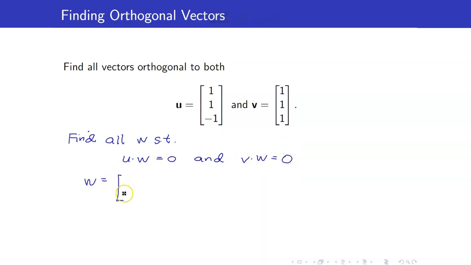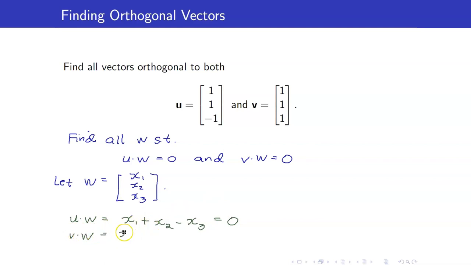Let me call my w (x1, x2, x3). u dot w is equal to x1 plus x2 minus x3. We want that to be equal to 0, and v dot w is equal to x1 plus x2 plus x3, which is equal to 0. This one will yield this augmented matrix.